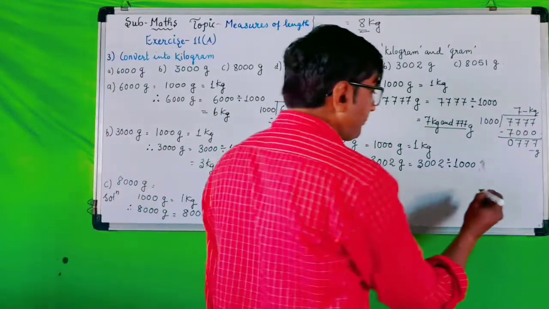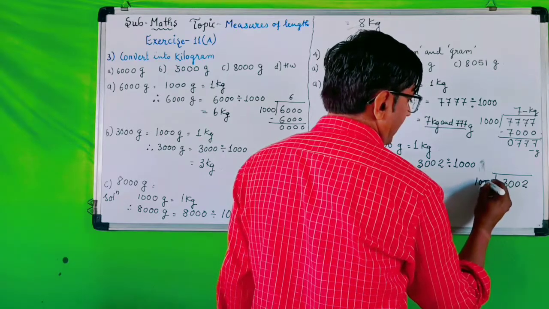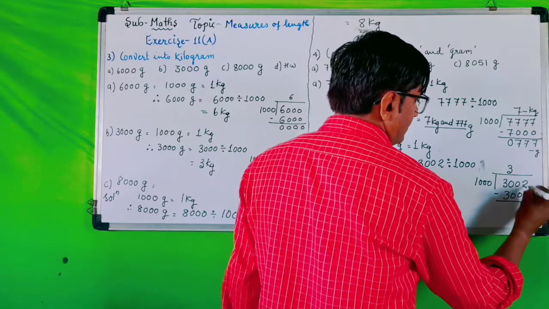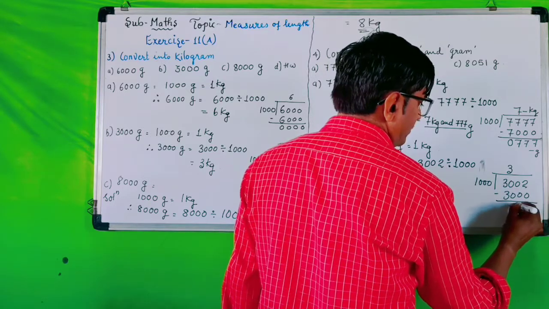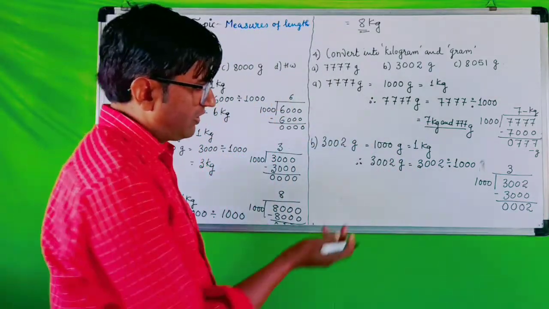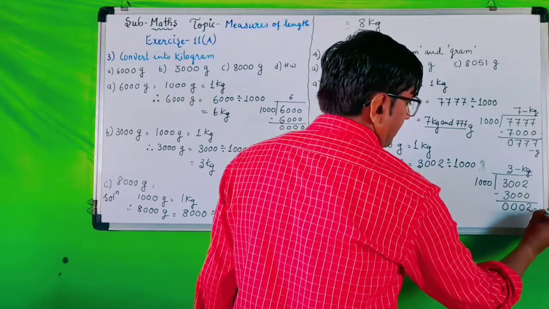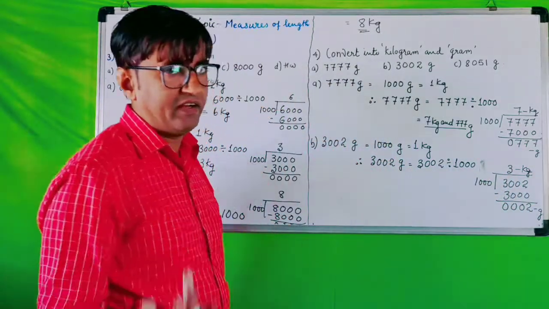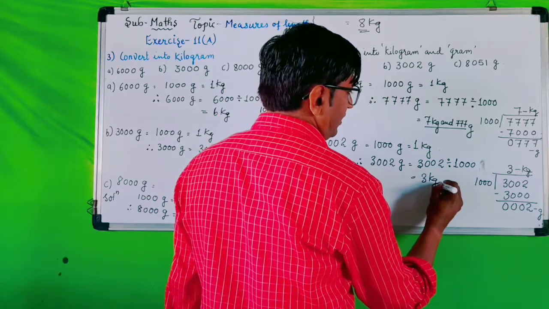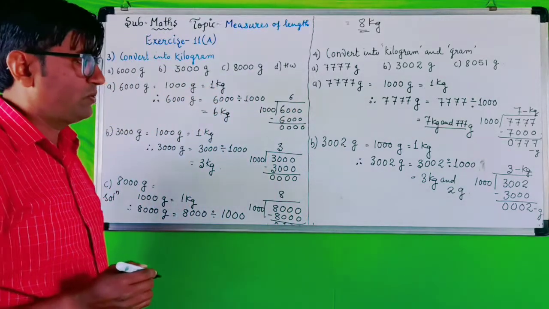Now here we will divide 3,002 by 1,000. 1,000 3 are 3,000. 2 minus 0 is 2, 0 minus 0 is 0, 0 minus 0 is 0, 3 minus 3 is 0. So what did we get? Here we got 2. The quotient will always be kg and the remainder will always be gram. So here 3 kg and 2 gram.